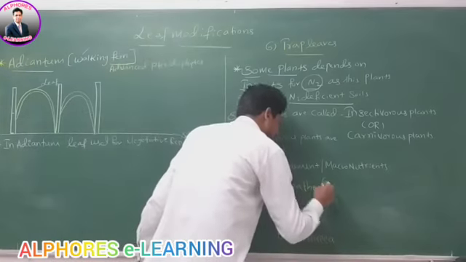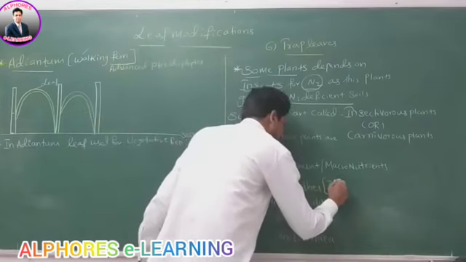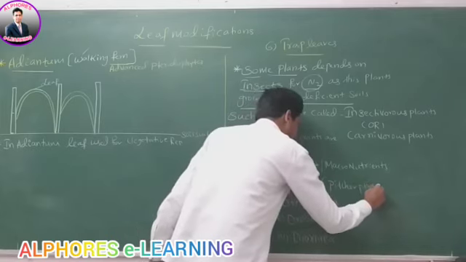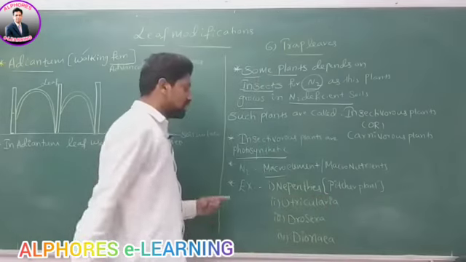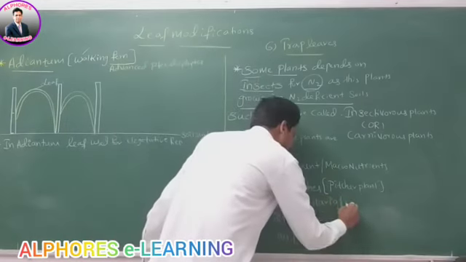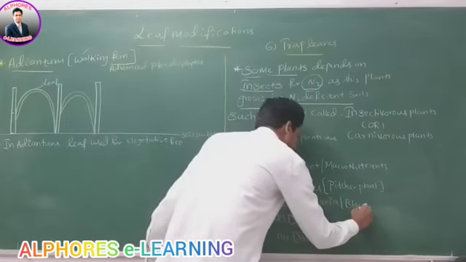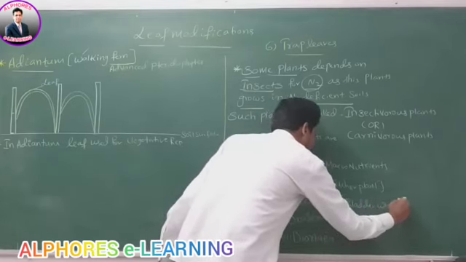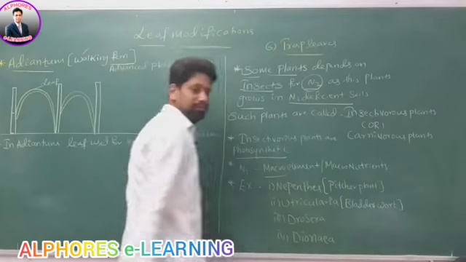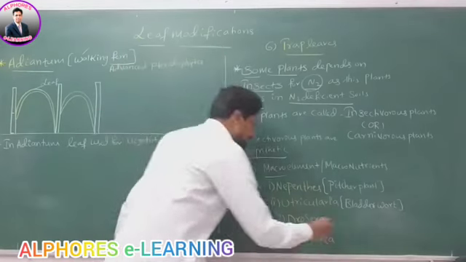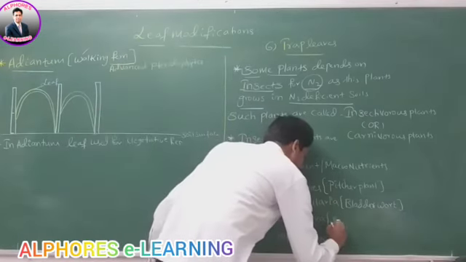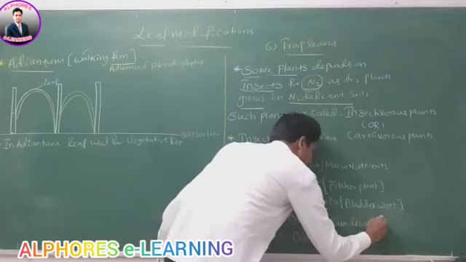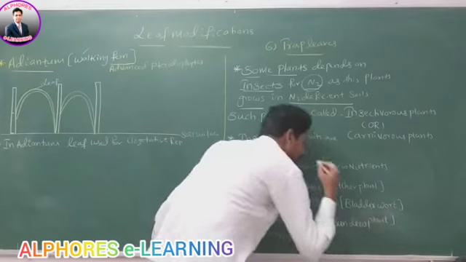Nepenthes, common name, pitcher plant. Utricularia, common name is bladderwort, B-L-A-D-D-E-R, W-O-R-T. Drosera, common name is sundew plant.